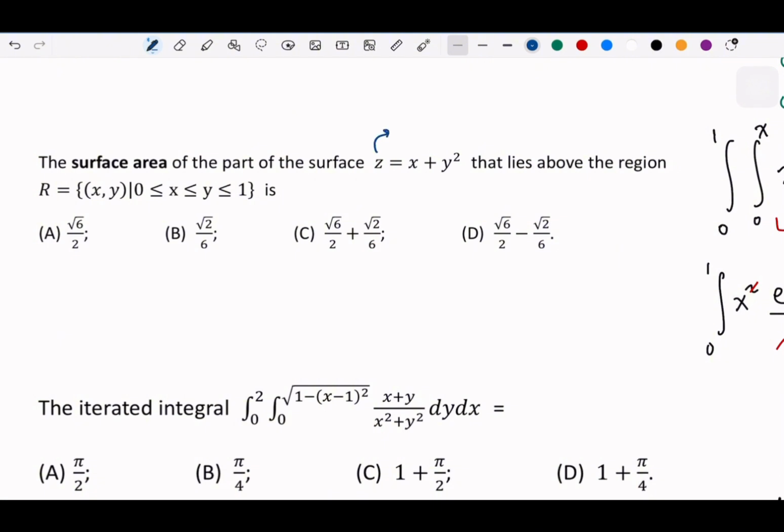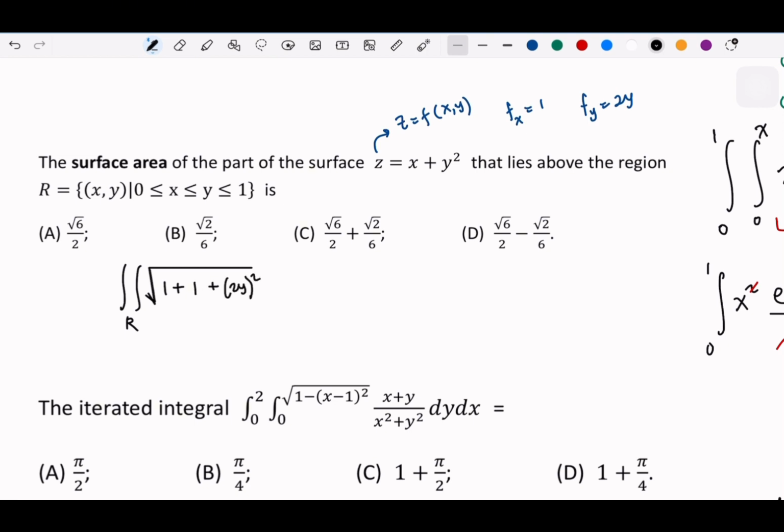So z is a function of x, y. The partial with respect to x, we get 1. The partial with respect to y is 2y. So we could write down the formulation. Suppose the surface area based on R will be the square root of 1 plus 1 plus (2y) squared.